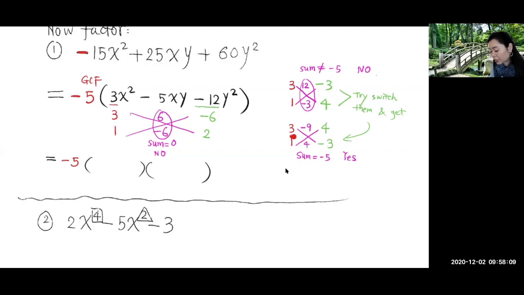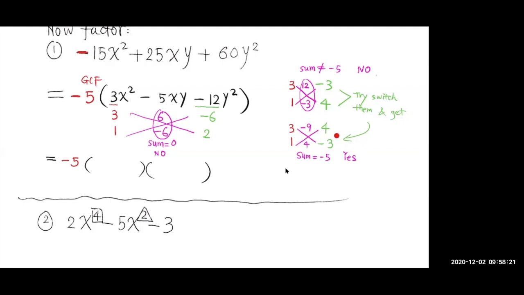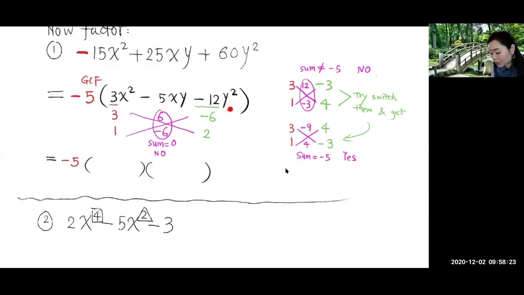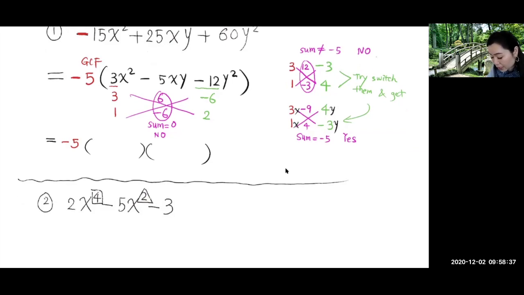This is going to be what? 3x plus 4 what? 4y. Yeah, don't forget, this is a y squared and y here, right? So don't forget the one. So at the end, when you read that, you can put back the x and y. x here, x over here, y over here, and y over here. So you have this 3x plus 4y.